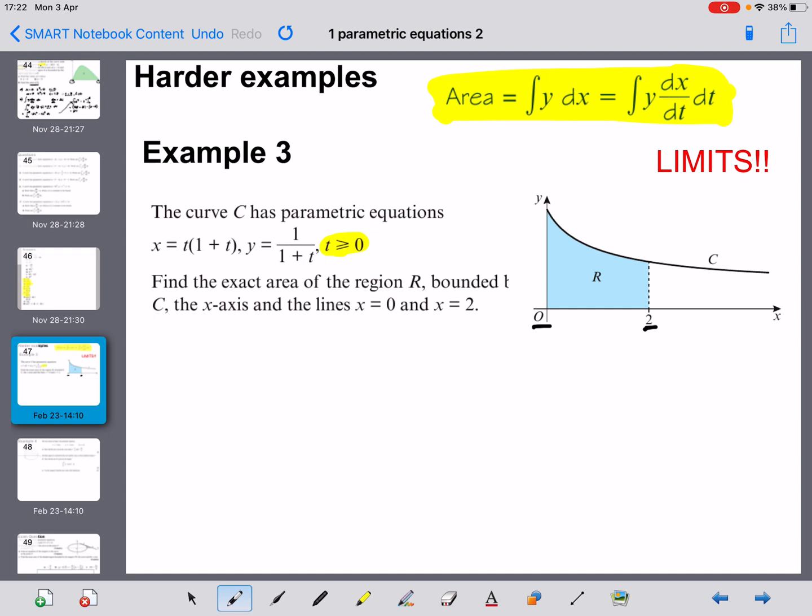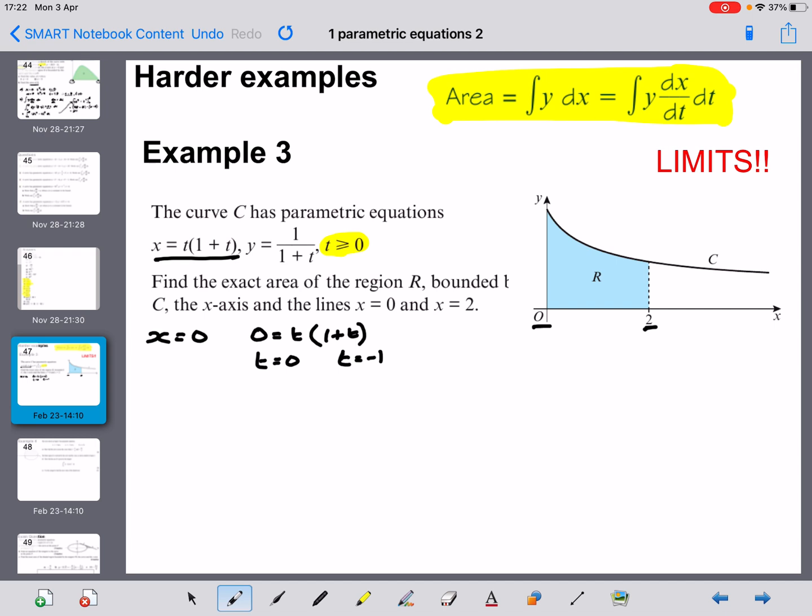So to work out the value of t, I'm going to use my x parametric to figure out what t is at those two values of x. So if x equals 0, then I can say 0 equals t lots of 1 plus t. So that means that either t is 0 or t is equal to minus 1.